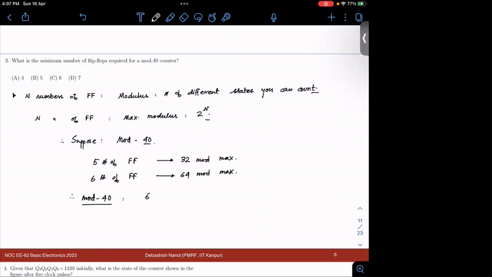It requires 6, right? Because anything more than 32 up to 64 needs 6 flip-flops. Okay, so your C would be the right answer.